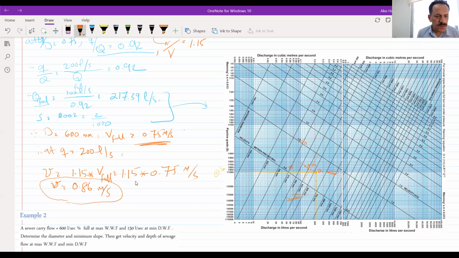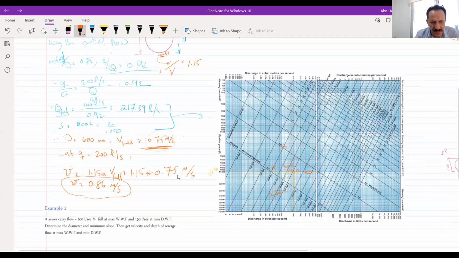Now, remember that when the d approaches capital D, we will have a higher value of flow, but sometimes the velocity will be higher than the average velocity of full flow. So for full flow we have 0.75, but this time 0.86. And what is the reason behind this?